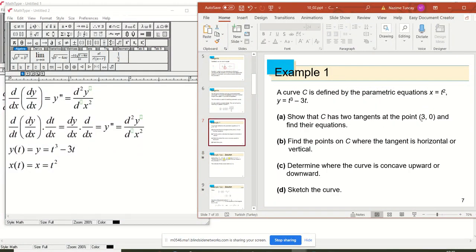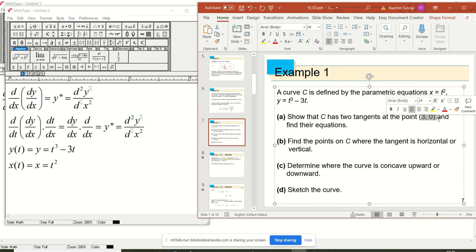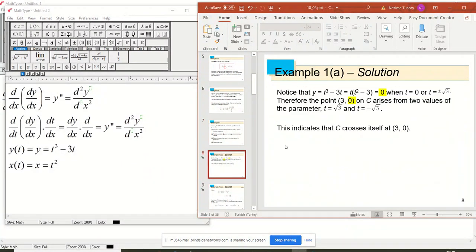The equation wanted us to find a tangent that passed from 3, 0. So we find the point that it cuts when y equals to 0. This is the point that it cuts the x-axis. When y is 0, it cuts x-axis, so it cuts from these 2 points.